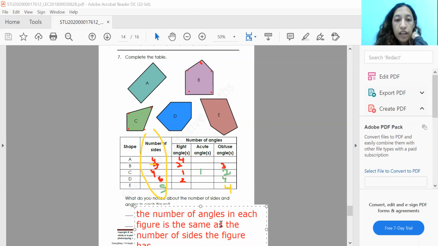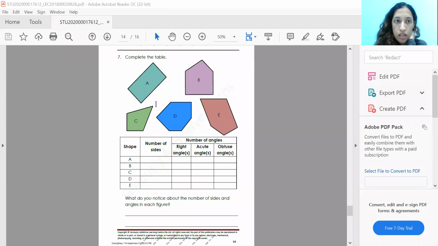So the number of angles in each figure is the same as the number of sides the figure has. So it's equivalent. All right. The number of angles is equivalent to the number of sides. All right. So that's that for this.